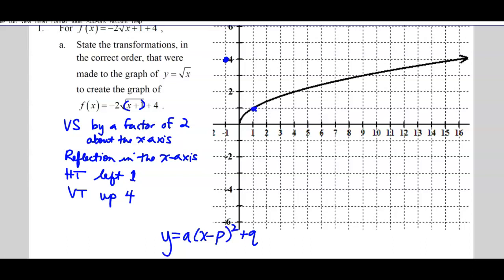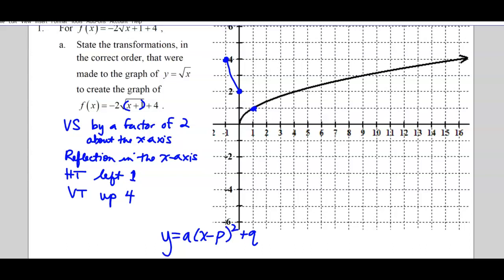Next nice point here, y value is 1, stretched by a factor of 2 vertically is 2. Reflecting is -2. To the left 1, up 4. Makes sense that this arm is going the opposite direction. So instead of normally going up, we've reflected in the x, so it's going down.